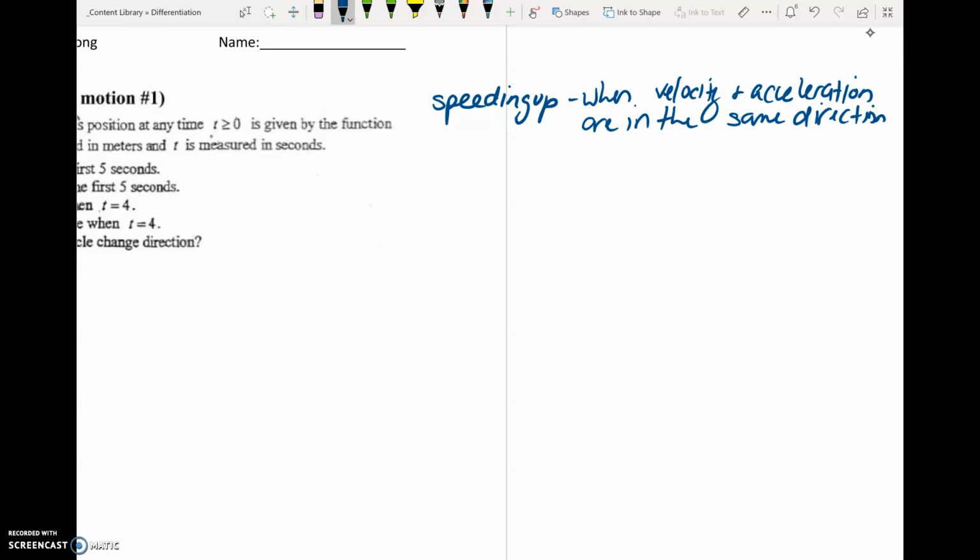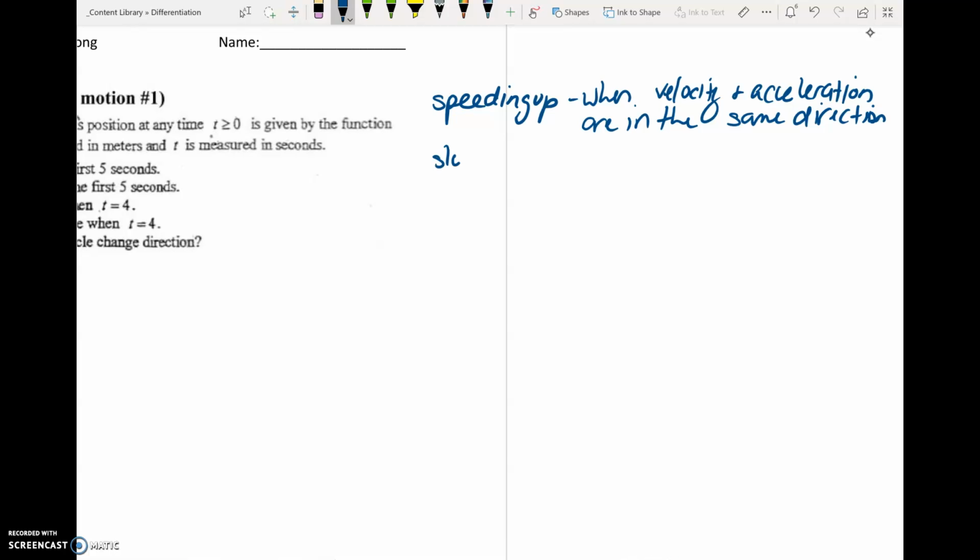That means if velocity is positive and acceleration is positive, then you're speeding up. Or you could have a negative velocity and a negative acceleration. That object is still speeding up, just in the negative direction.